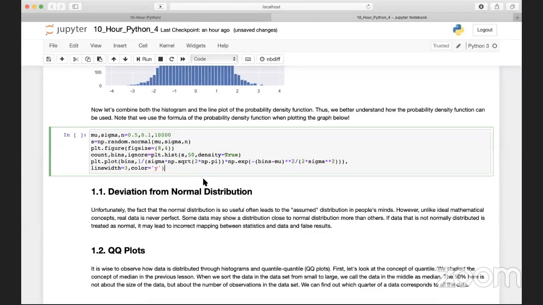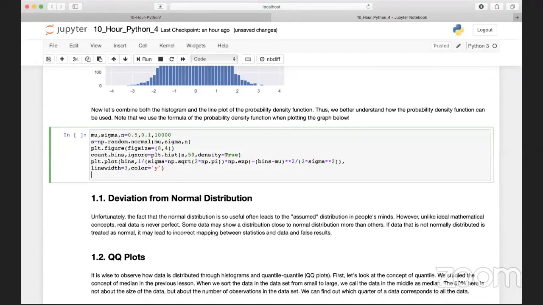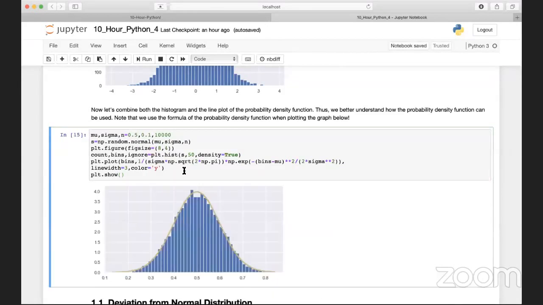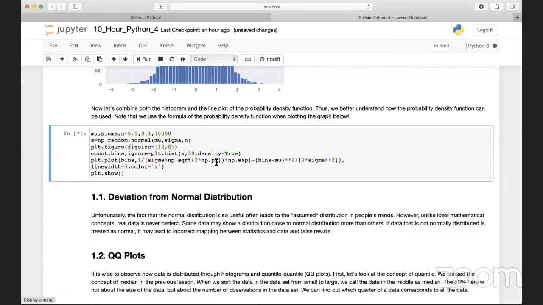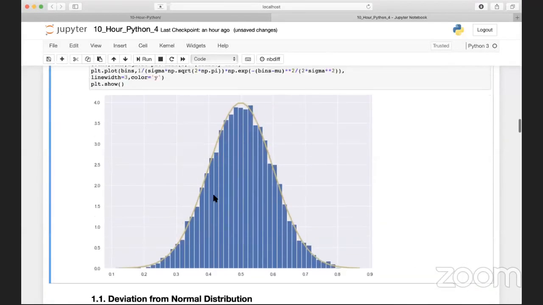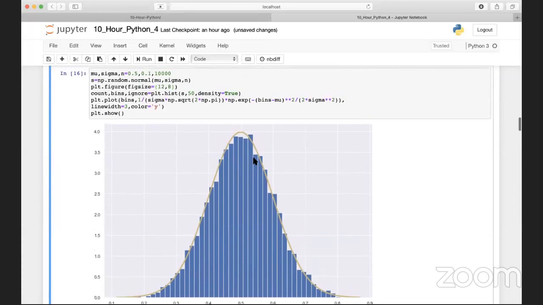There is something wrong, I guess. There is an error in parentheses. Now it is fixed. Okay, plt show. Here we go. Let me make it bigger for you. All right. So what I have is the normal distribution and the PDF, probability density function of the normal distribution, on top of the histogram. Okay. There's a question, I guess.